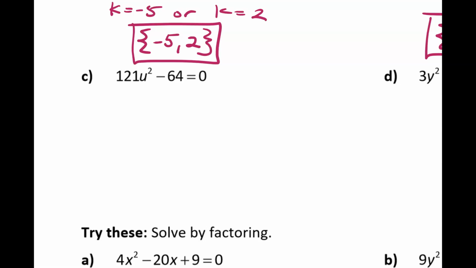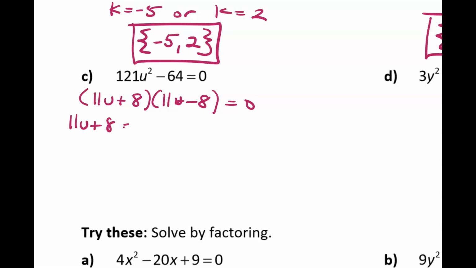The next, I sure don't want to try to do the AC method with this. 121 u squared is a perfect square, 64 is a perfect square, so this can be factored by using the difference of squares. 11u plus 8 times 11u minus 8 are the two factors. That's the easiest way to approach this one. So either 11u plus 8 is equal to 0 or 11u minus 8 is equal to 0.